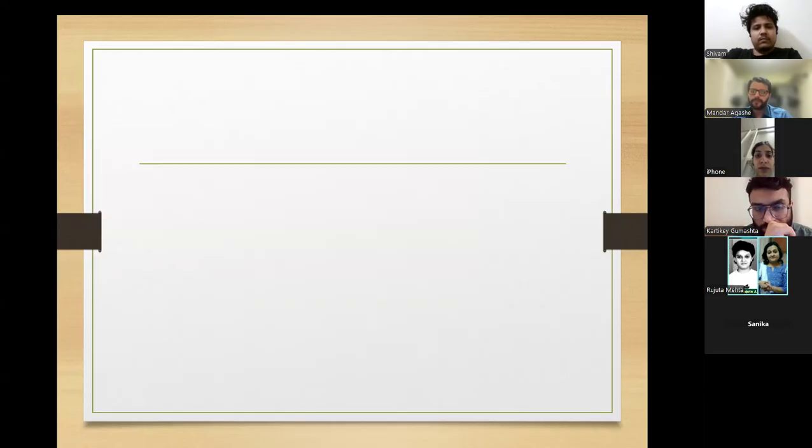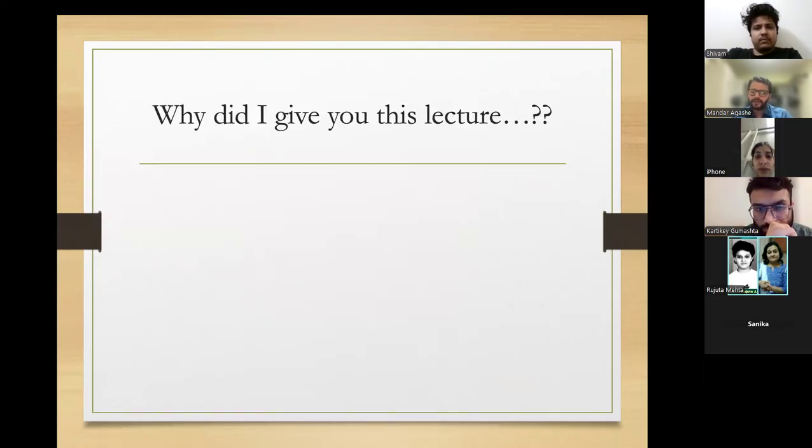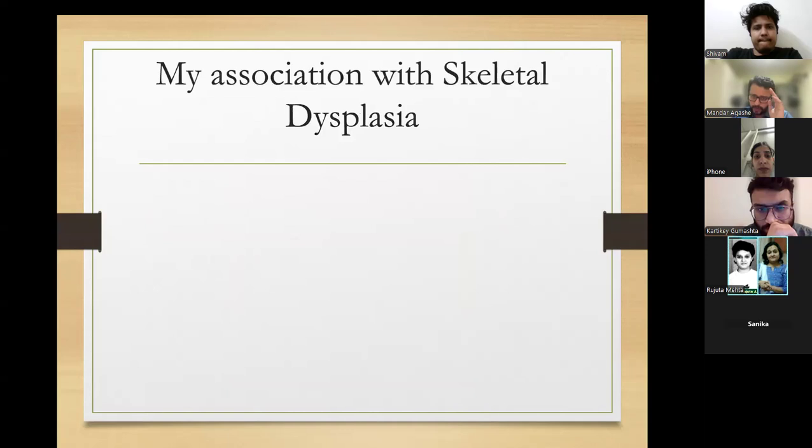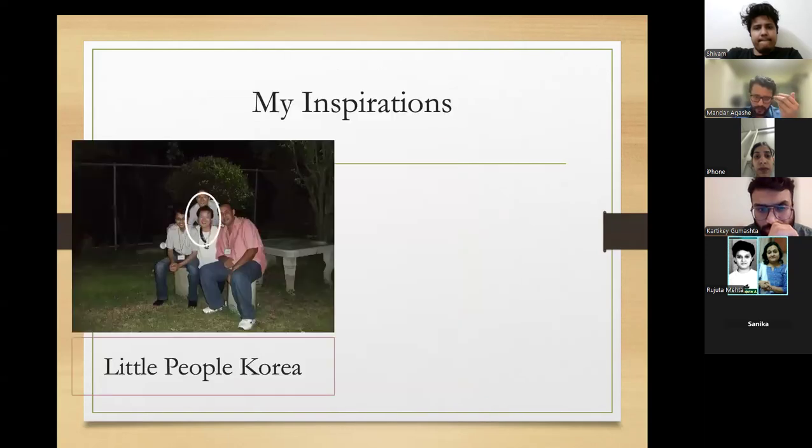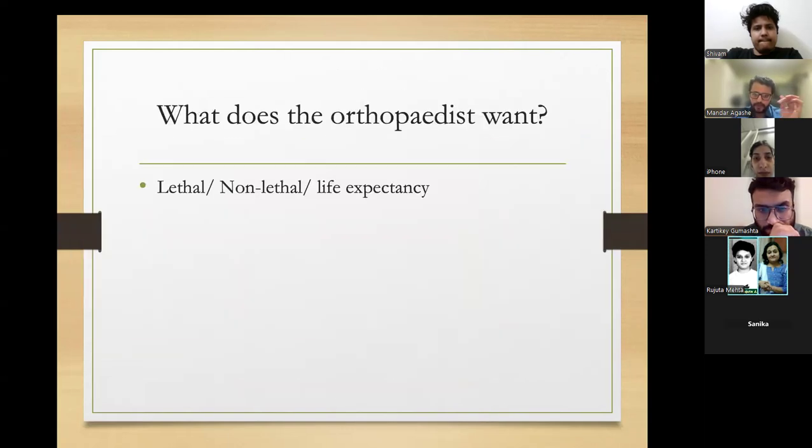Anyway, the question to be asked is what is the pediatric surgeon's perspective here? So basically, we just need to know the life expectancy. What we should know about these skeletal dysplasias when they come to us for limb deformities is their life expectancy, whether it is lethal or non-lethal. We should have that basic understanding.